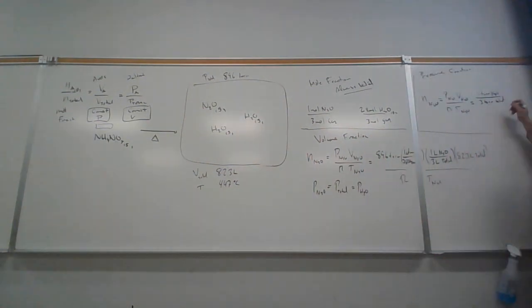And so I'm going to multiply this by 896 torr, and then convert this into atmospheres. 1 atmosphere for every 760 torr. Okay, what would the volume of N2O be?